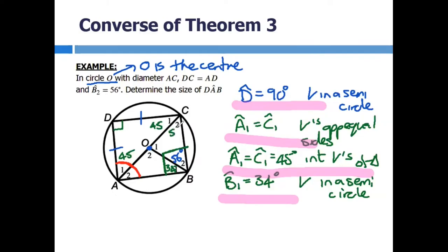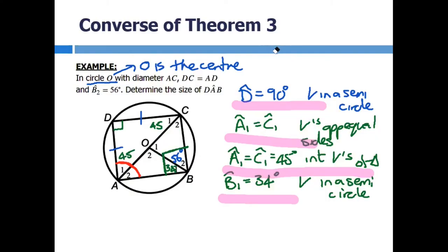This is 56 degrees, because remember the radii are equal, so those must be equal to each other, which means we've got an isosceles triangle. And then using interior angles of a triangle, you could say that this is 68 degrees. Okay, but there is a quicker way of doing it, so I'm not going to write those down. Remember, we're trying to get to that red angle that I highlighted.